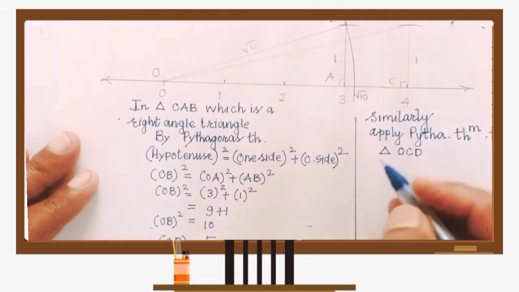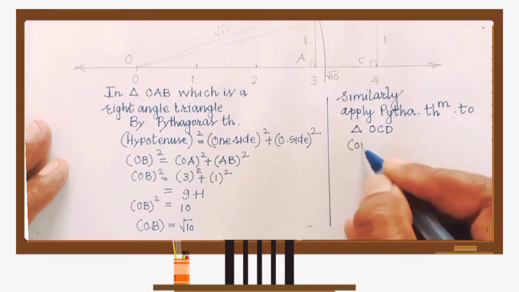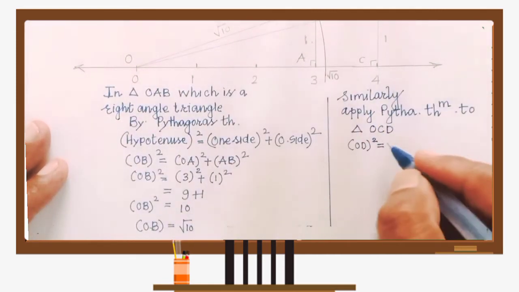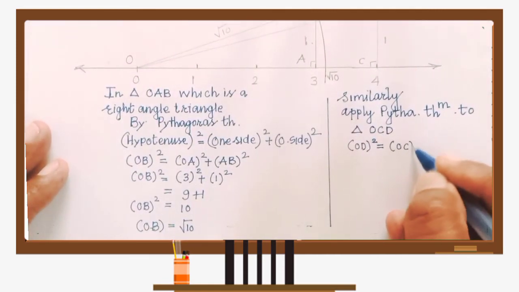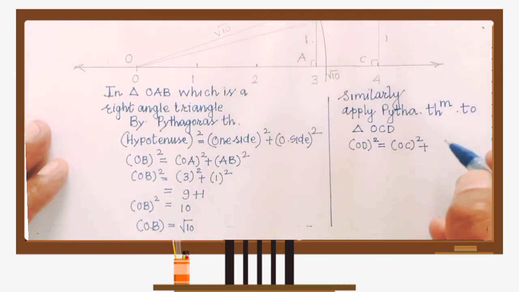Now it is OD square. We are applying directly. OD square is equal to OC square plus CD square.